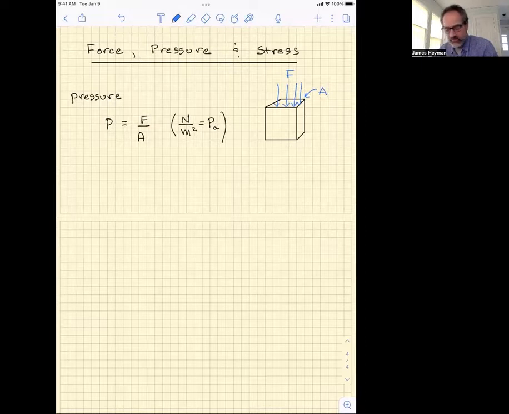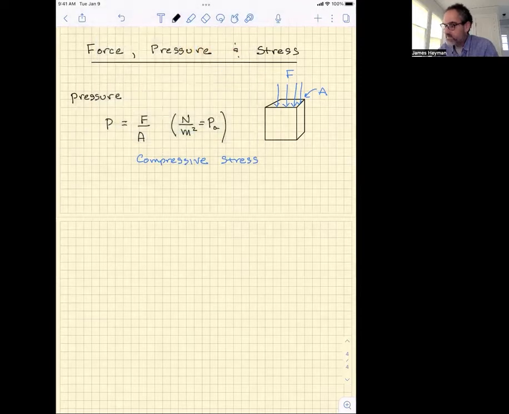It's the area that the force is applied to, okay? This type of pressure is also called compressive stress. Okay?